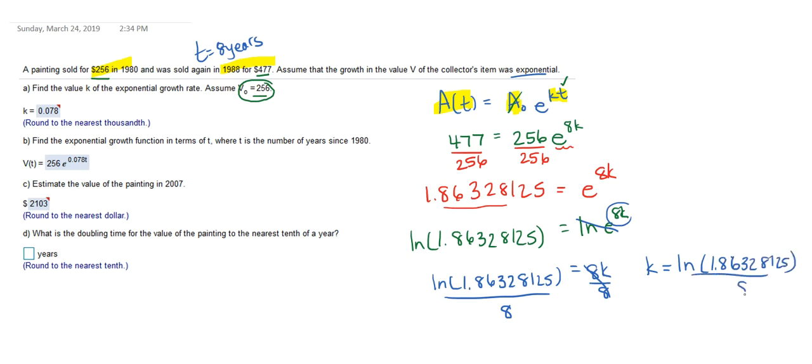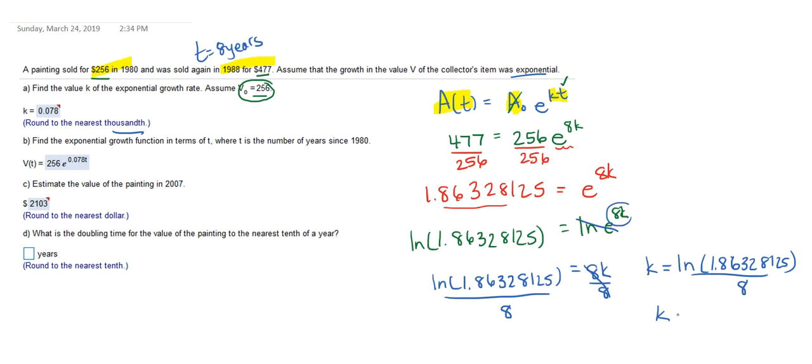1.86328125 divided by 8. Notice that the MyMathLab program asks you to round to the nearest thousandth, so they do want 3 decimal places there. So go ahead and type in natural log and then that decimal that you have there, and then divided by 8.